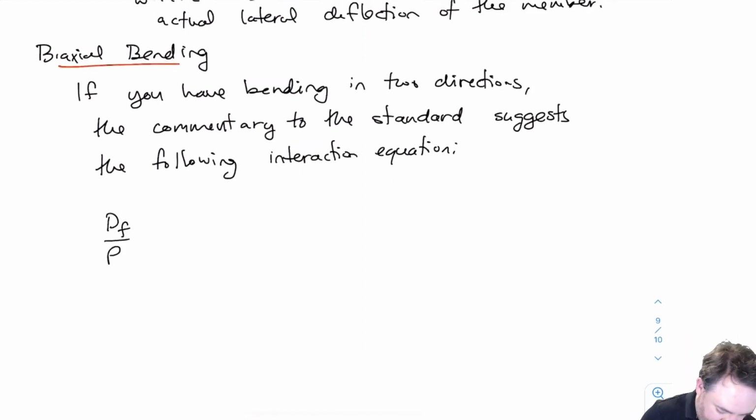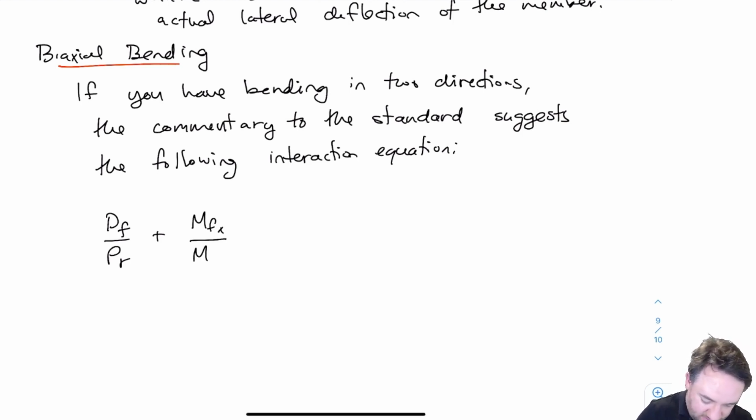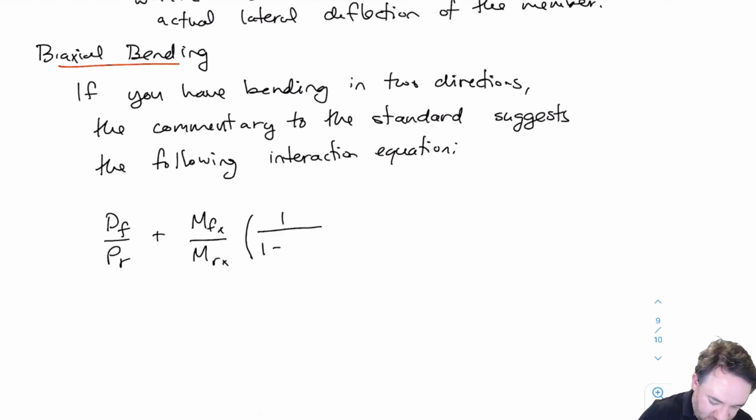So we have our PF over PR, without the squared this time. And then we have our factored moment in one direction divided by our factored resistance in that direction multiplied by the moment amplification, the same one as before.